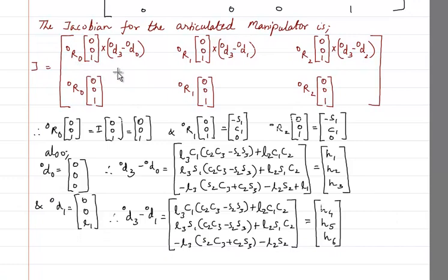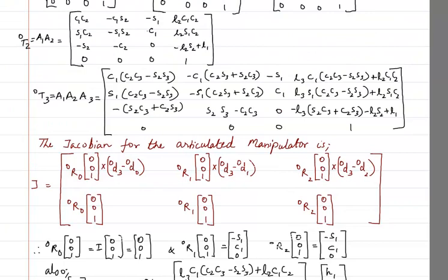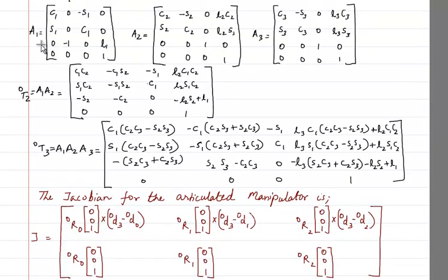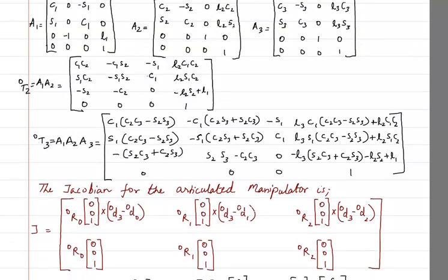As you can see here, I have put the equation for the column of a revolute joint for the Jacobian, for all three columns. What remains is to find 0R0, 0R1, 0R2, and similarly 0D3, 0D1, 0D2. Already we have found them by finding A1, A2, A3 and then 0T2 and 0T3. All we have to do is substitute.